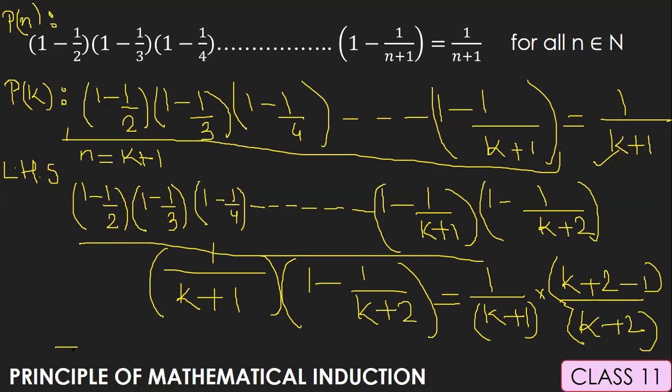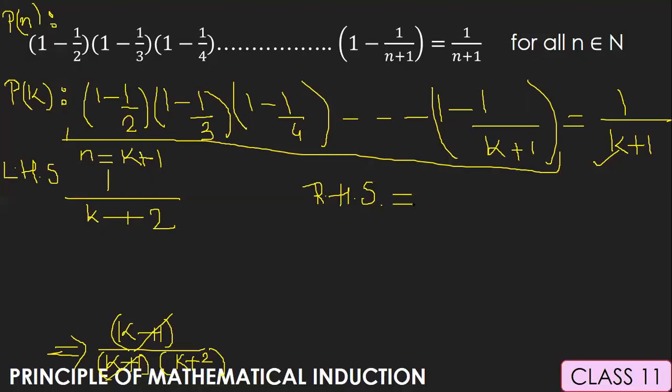So you would get k plus 1 upon k plus 2 into k plus 1. So your k plus 1 would cancel out and you are left with 1 upon k plus 2. Now let us solve the RHS side.